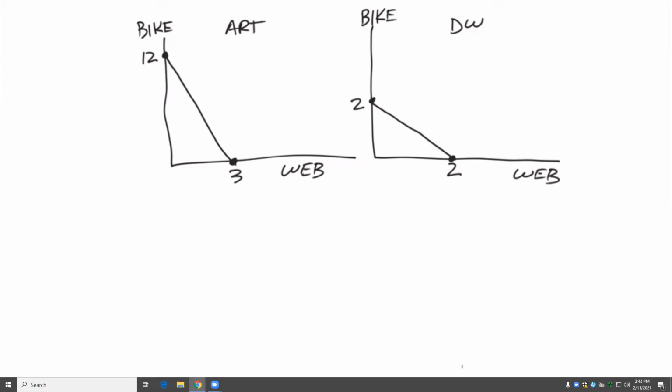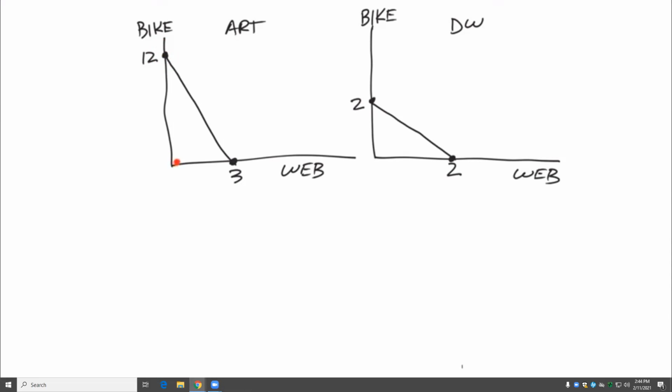The comparative advantage is real simple, the definition, that is. It's the one with the lowest opportunity cost. As you recall, opportunity cost is what you give up to get something else. So, what does Arthur give up? Let's say he's producing all bike repairs. He's right here, producing 12 bike repairs, so he's producing zero web pages.